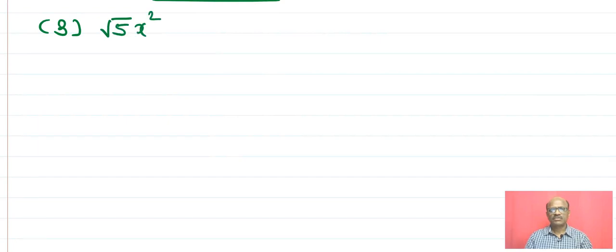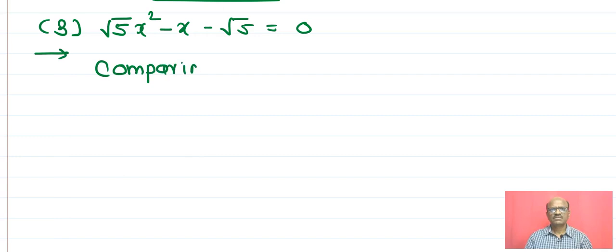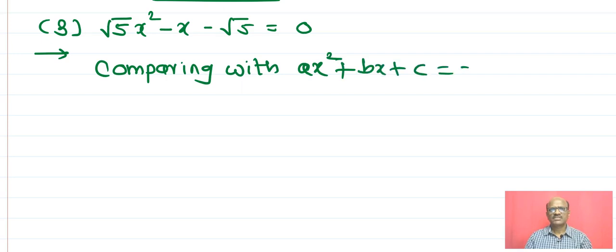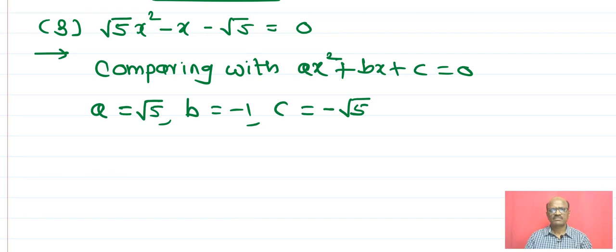Number 3, root 5x square minus x minus root 5 equals to 0. Comparing with ax square plus bx plus c equals to 0, you will get a is equal to root 5, b is equal to minus 1, c is equal to minus root 5.